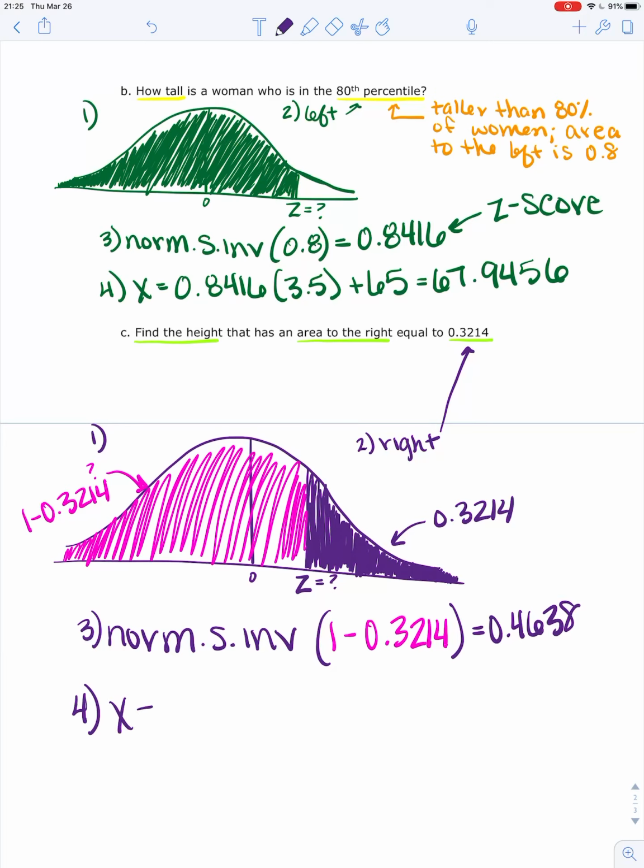And so finally, same as we've been doing, we're going to plug this into the equation to solve for x. 0.4638 times 3.5 plus 65 is 66.6233.